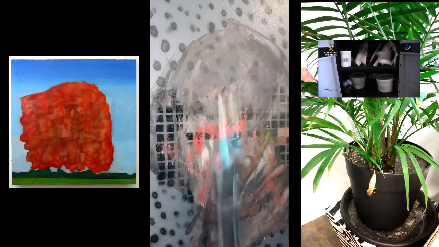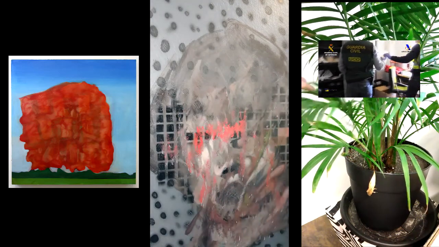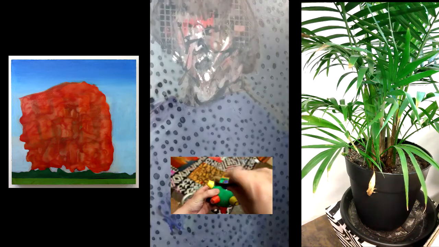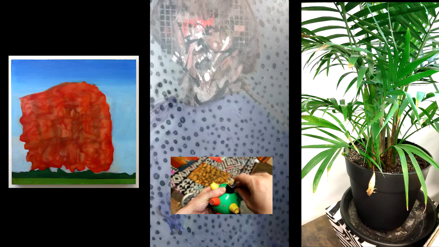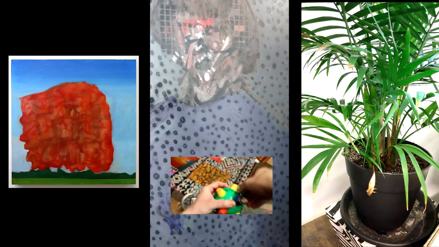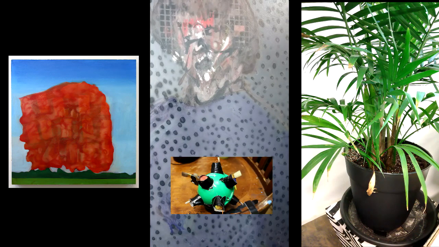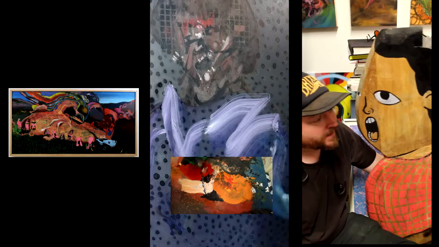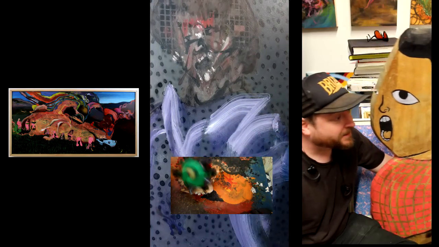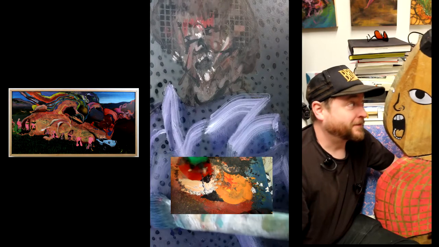On the left, we're really simplifying the blobs down into simple shapes. This is polyurethane, oil paint, and spray paint in order to make that. In the bottom middle, we have the bottle ball, where I've just outfitted a ball with a lot of different brushes on it. And then that ball, as you can see, hops all over the painting.